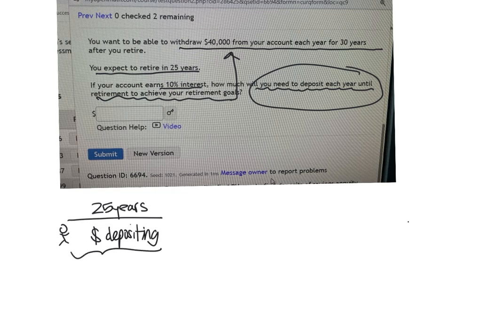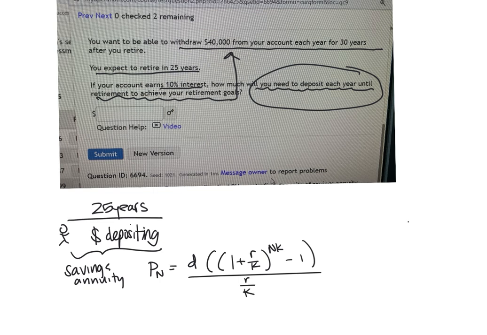So for this part, what we're really talking about is a savings annuity. The savings annuity formula is PN equals D times (1 plus R over K) to the NK, minus 1, all over R over K. Okay, so that's our savings annuity.